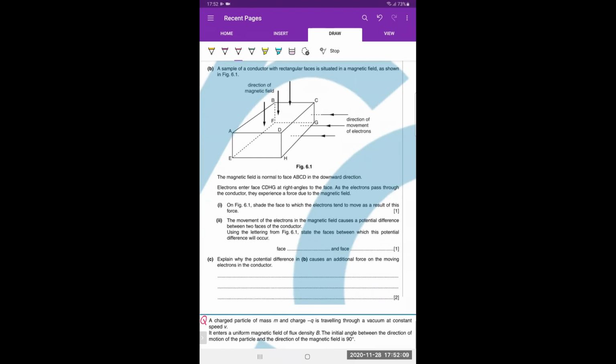So in the first part, they are asking you, shade the sides to which electrons will move as a result of this force. आप पूरा read कर लो पहले.